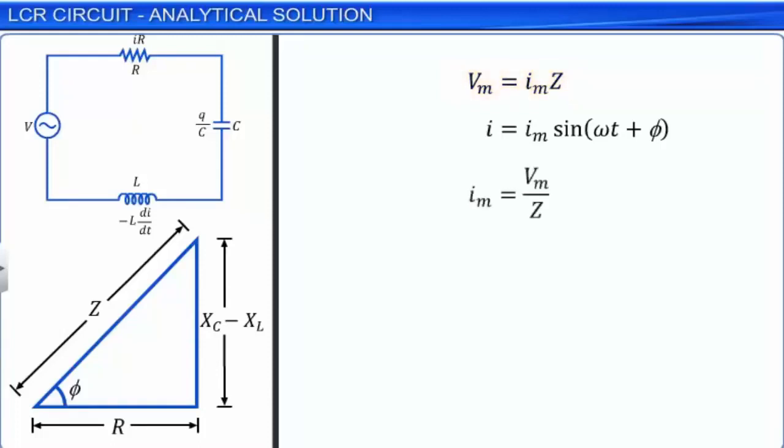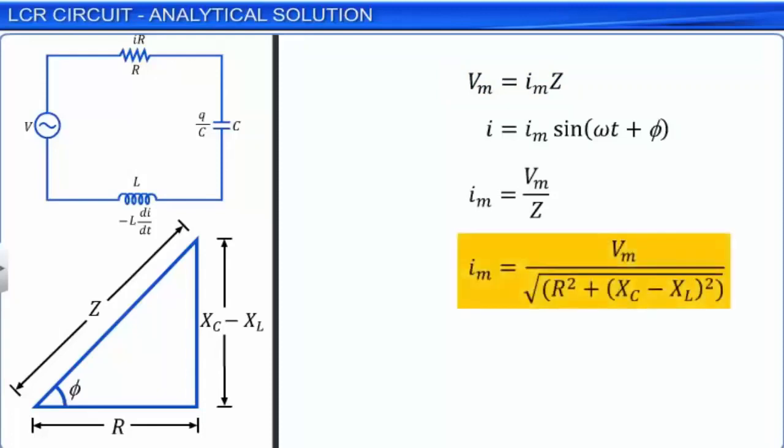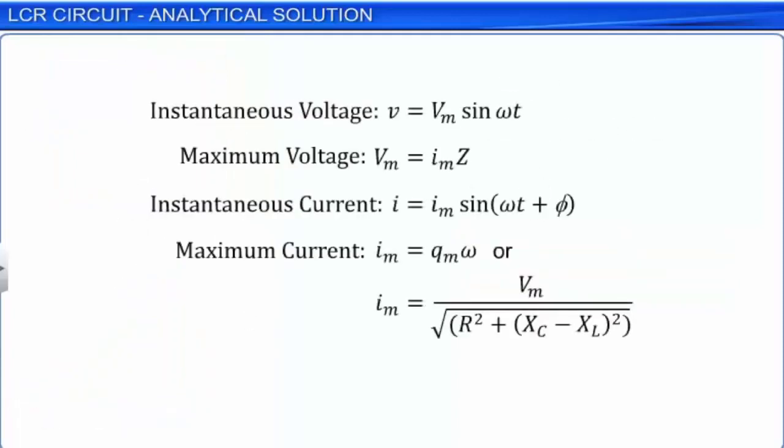Thus, the relations finally obtained from the analytical approach towards computing the unknowns in the LCR circuit are the same as computed through the phasor approach. This analytical approach can be regarded as a pure algebraic approach, whereas phasor approach is more of a geometrical one.